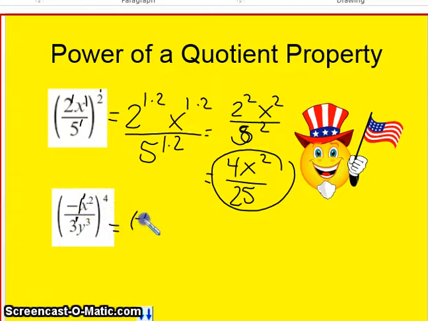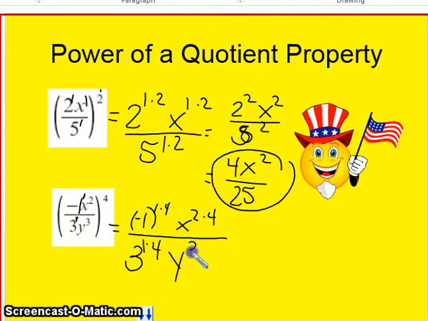So I have my coefficient, my negative 1, to the 1 times 4 power. Then I've got my x squared, so x to the 2 times 4 power, all over my 3 to the 1 times 4 power, and my y to the 3 times 4 power.